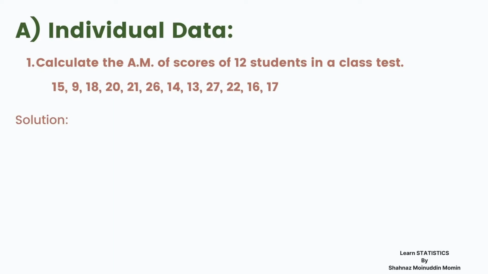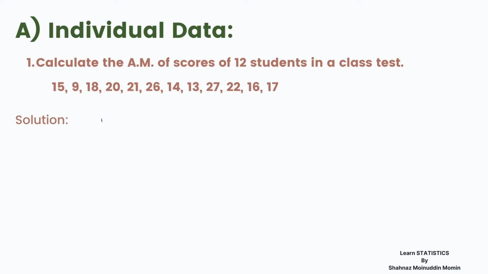The scores of students are 15, 9, 18, 20, 21, 26, 14, 13, 27, 17. All these values are separate and individual. Hence, the given data is individual data. So, in order to calculate the arithmetic mean in this example, we have to use the formula of arithmetic mean for individual data. Here, solution.